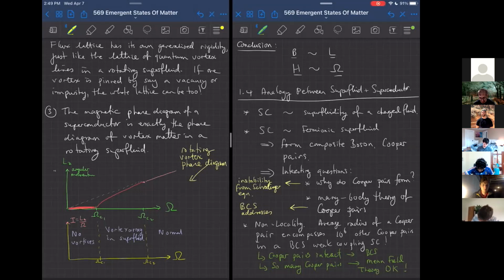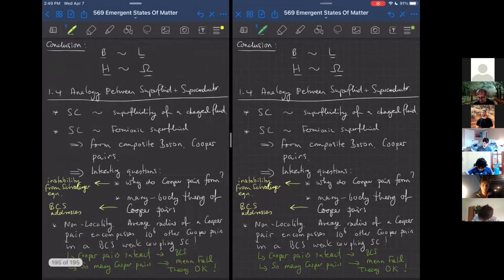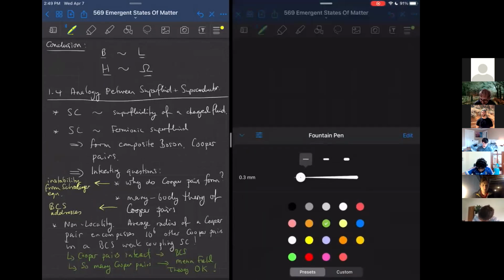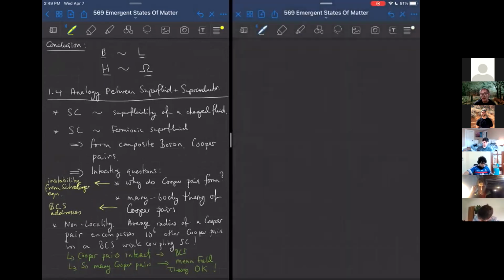In those days, they didn't know really much about mean field theory and fluctuations and so on. So it turned out that this case that they solved actually turned out to be self-consistent and was essentially the best possible case. So we're going to see that BCS theory then is a mean field theory. Okay, so that's the general picture.